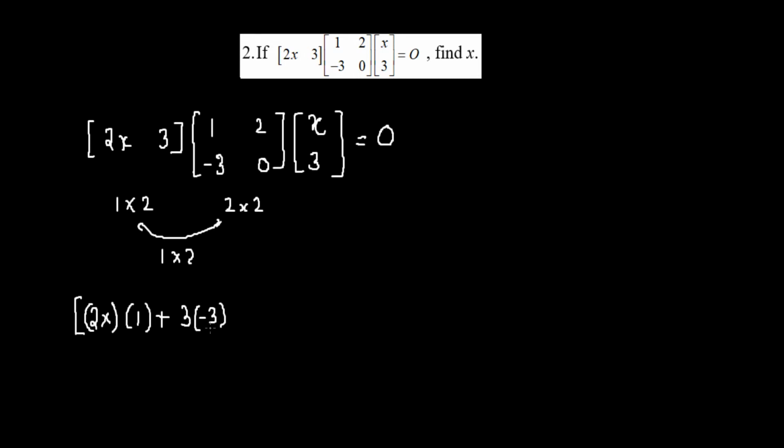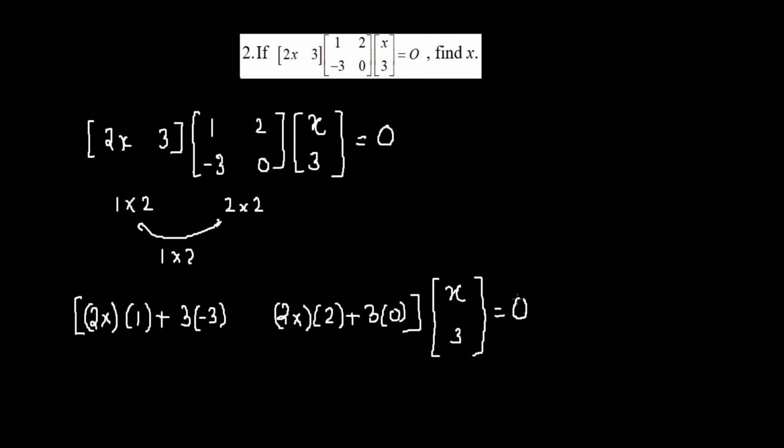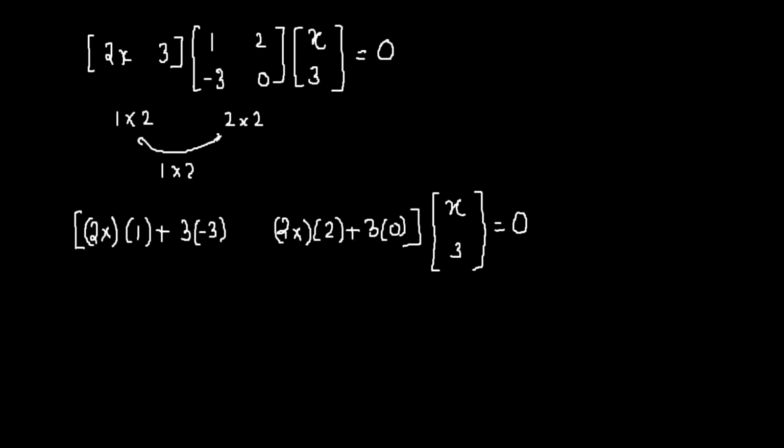This will be the first element. The second element will be 2x times 2 plus 3 times 0. And the remaining column matrix [x, 3] equals the 0 matrix.